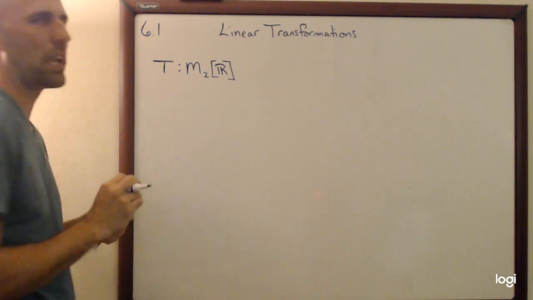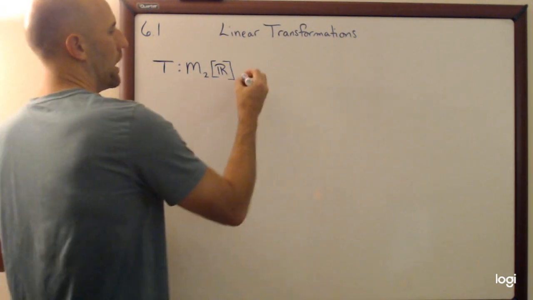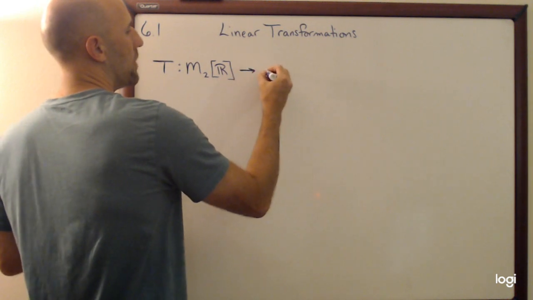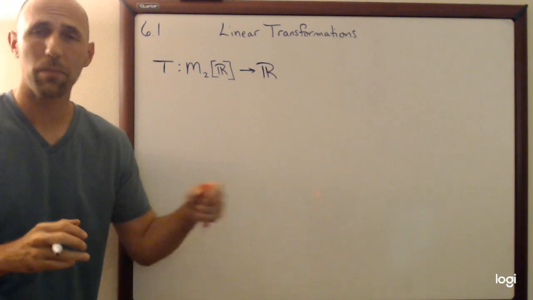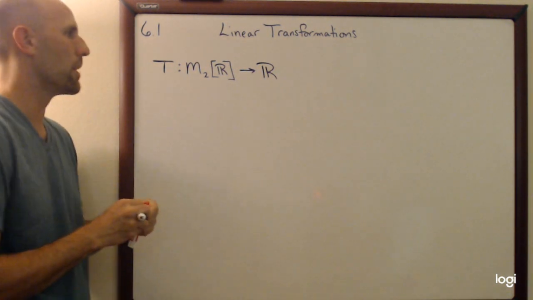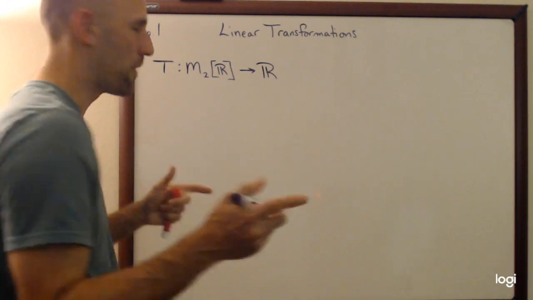So that's the space of all 2x2 matrices that have real entries, and it's going to map this to R. And these are two very different spaces. They're both vector spaces, right? But they're two very different spaces.